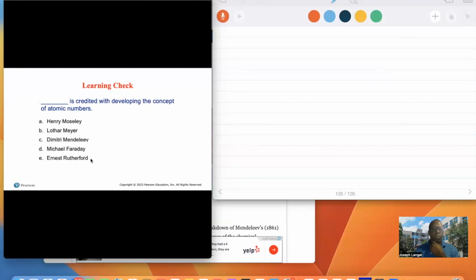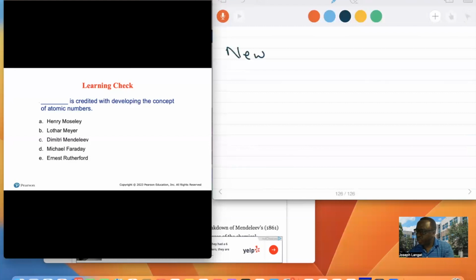Ernest Rutherford is credited for the nuclear model of an atom. You need to know all these names because you may be given things that, oh, I've heard about this, and you don't know. So there are other scientists which I want you to remember what they contributed.